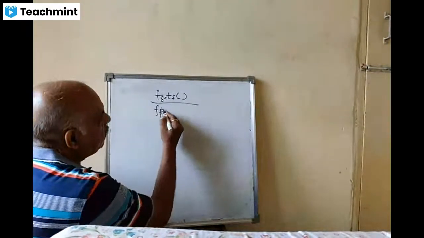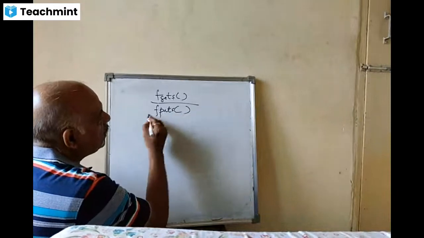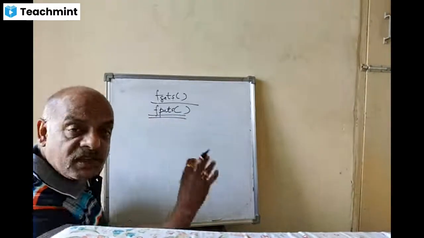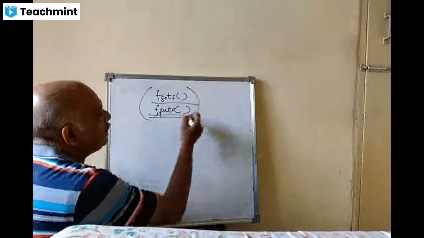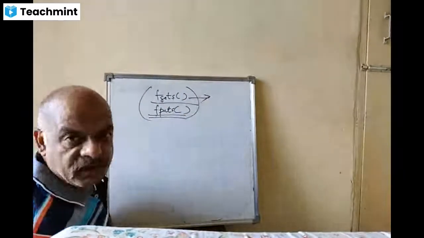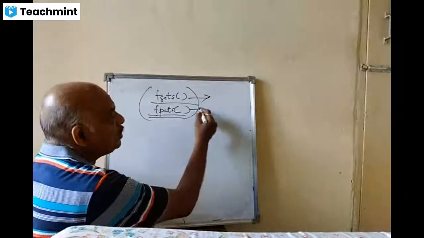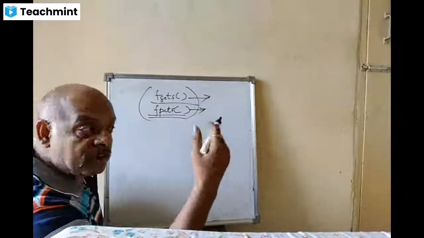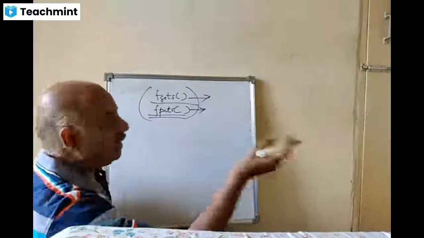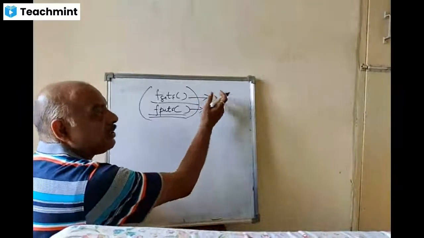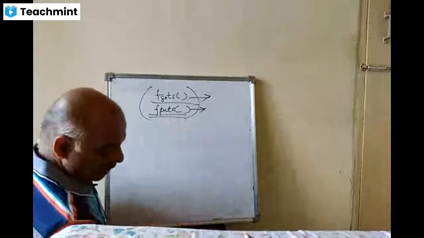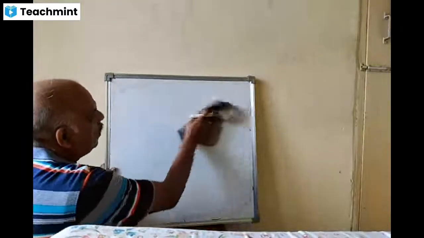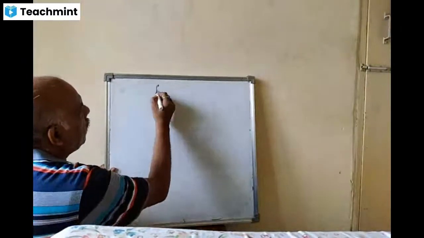What does fputs do? It writes the string onto the output file pointed to by the file pointer. This is to read a line of text from the input file. This is to write a line of text onto the output file. Read a string from the input file, write a string onto the output file. This is the difference.